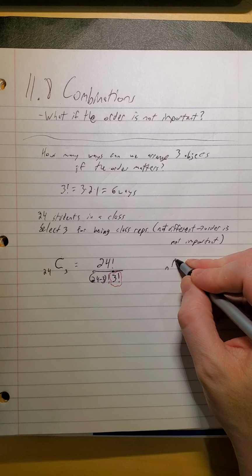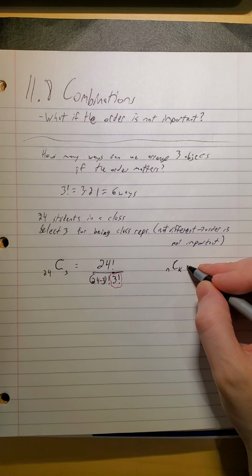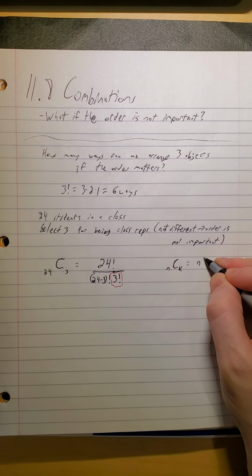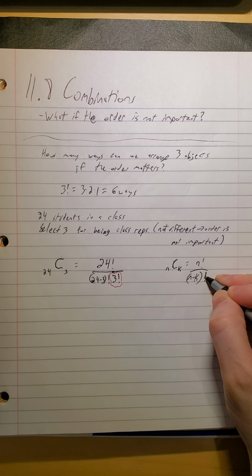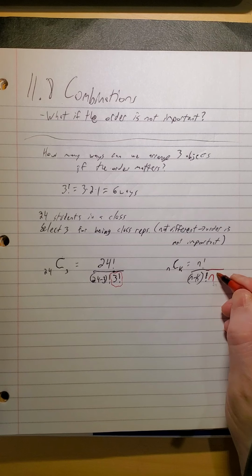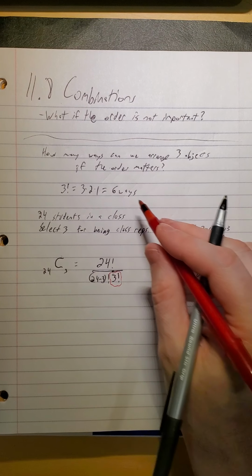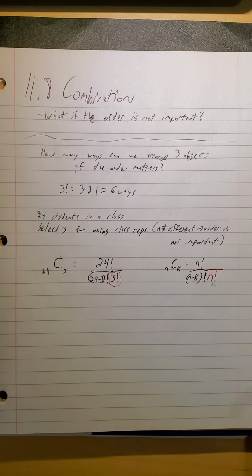We have n choose k. N factorial over n minus k factorial that you saw back in your permutation days. And then we divide by the k factorial ways you could arrange each group. I'm sorry, k.